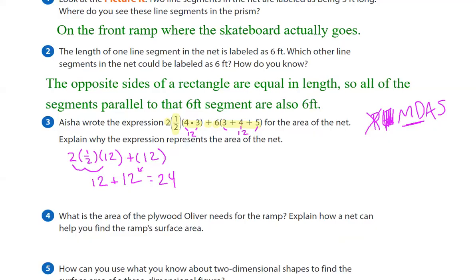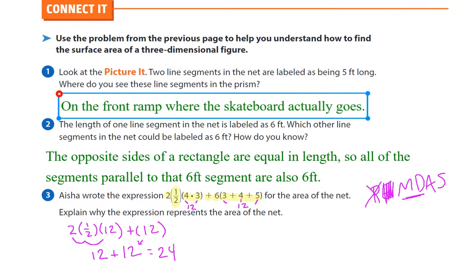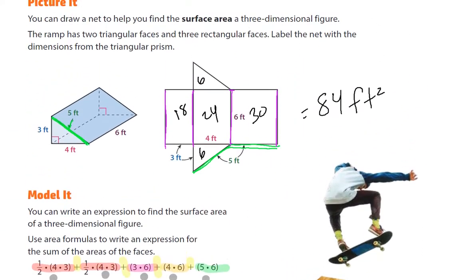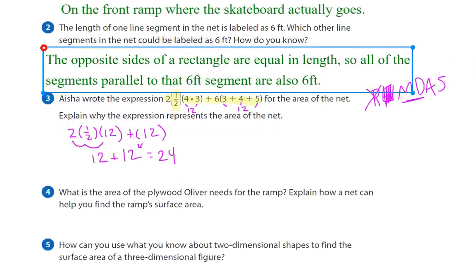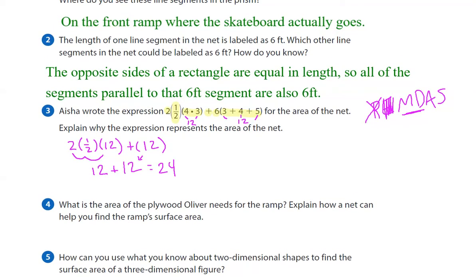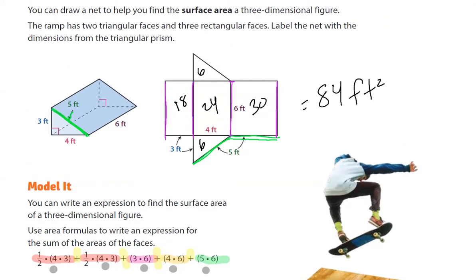Now, explain why the expression represents the area of the net. Well, let's see how it matches up here. We had 6 times 3 plus 4 plus 5.